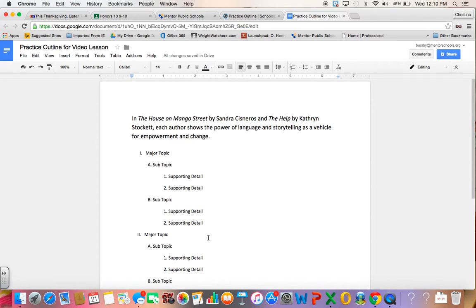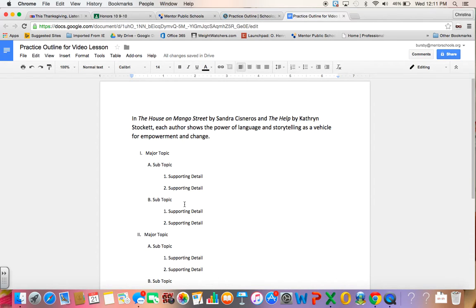But because this isn't a set formula where you have to have 5 paragraphs or 7 paragraphs, you have as many paragraphs as you need to write your paper. You need to make this model fit your purpose, okay? So your paper may have 3 major topics, it might have 2 major topics, it could have subtopic A and subtopic B in one section, but maybe you have subtopic A, subtopic B, and then subtopic C in the next section, okay?